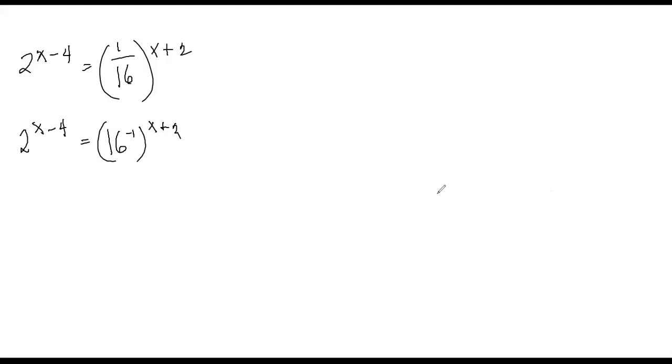Sir, actually po nasa law po siya ng exponents. a raised to negative x is equal to 1 over a raised to x.